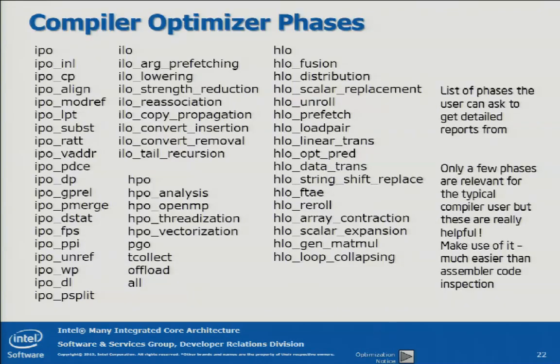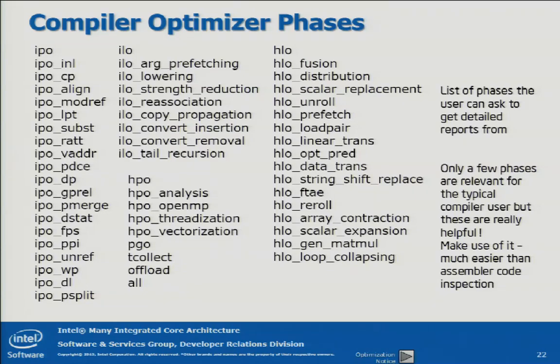Okay. And of course, you can also restrict the optimization report to special phases that you're interested in, like the interprocedural optimization, intermediate level optimization, high-level parallelizing optimizations, high-level loop optimizer, and that kind of stuff. Right? So you can really select what type of stuff you're interested in.